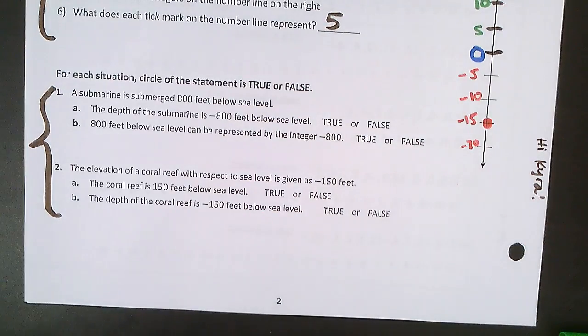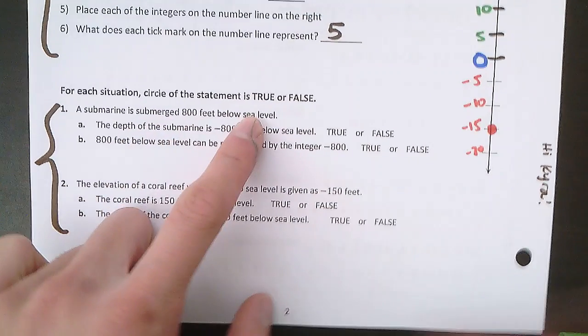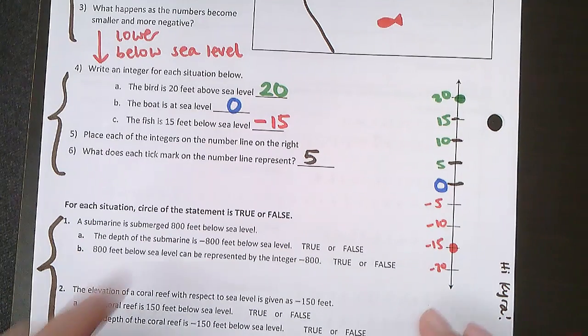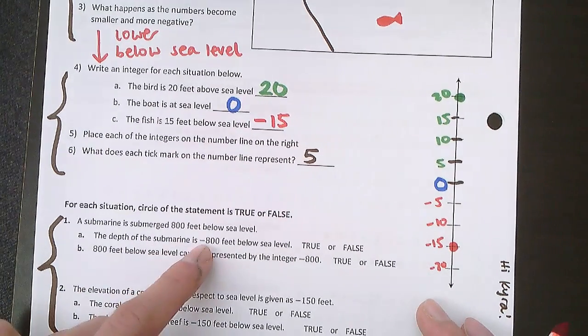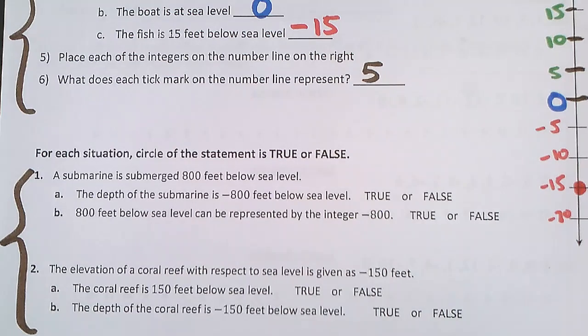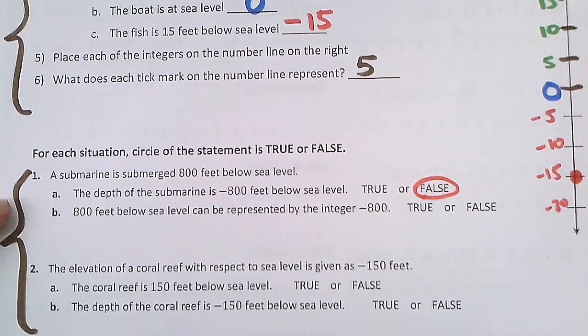Let's take a look. The submarine is submerged 800 feet below sea level. So that means it would be, below sea level, somewhere here. The depth of the submarine is minus 800 feet below sea level. So would that be true or false? In this case, that's actually false.